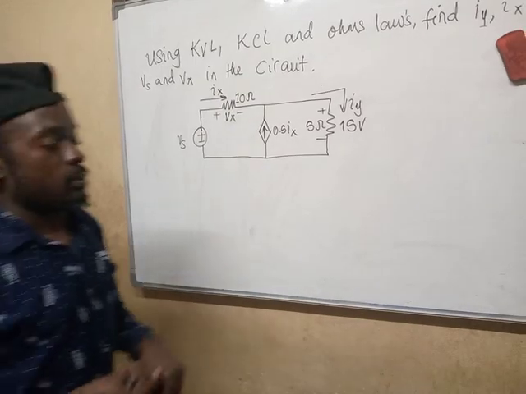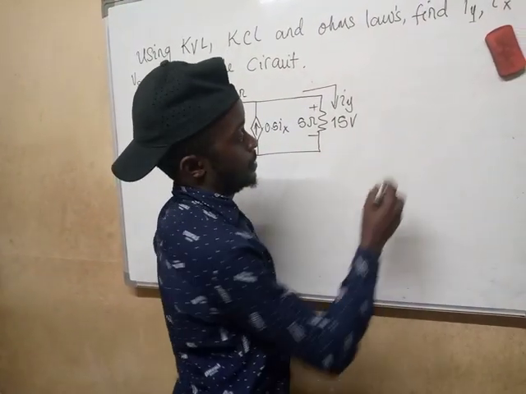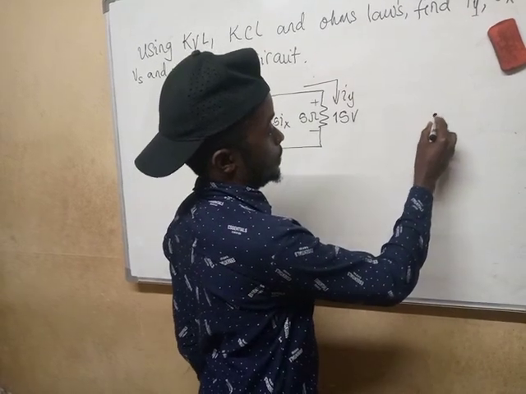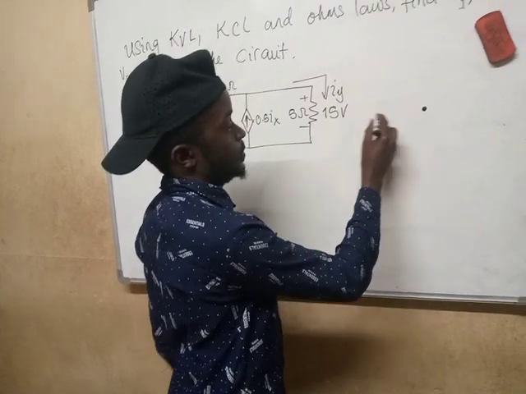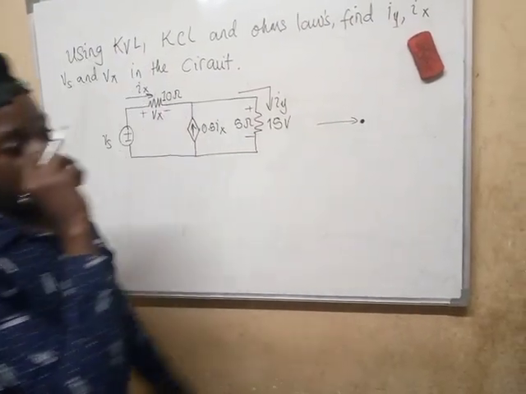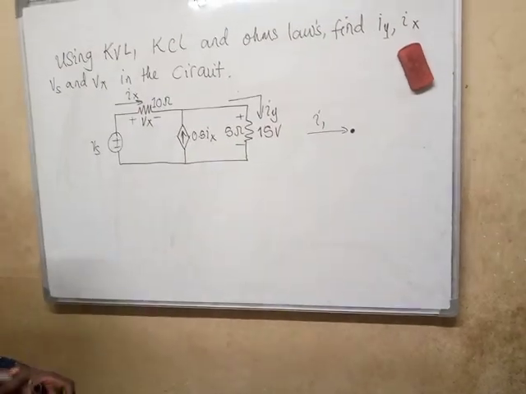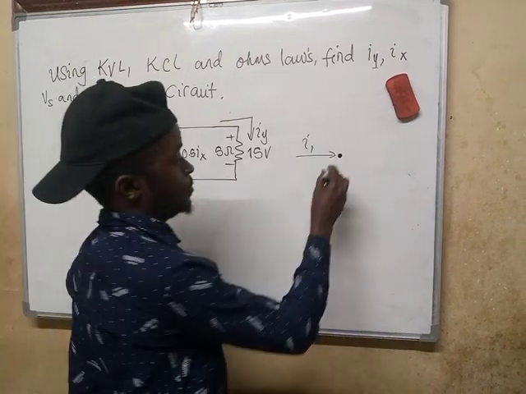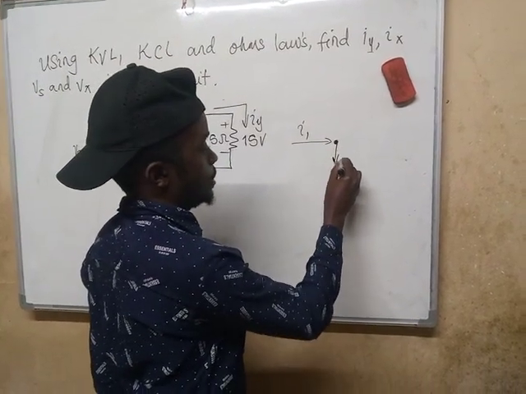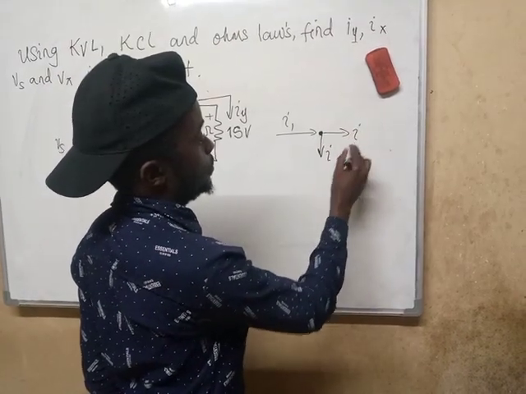KCL states that the current entering a node is equal to the current leaving that node. Take for instance, we have this current, maybe I1, entering that node. This current will be equivalent to the sum of the currents leaving the same node.